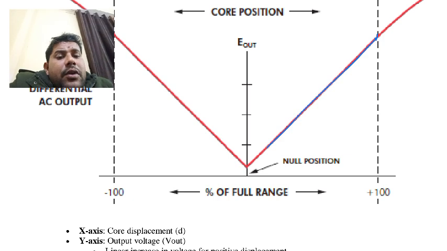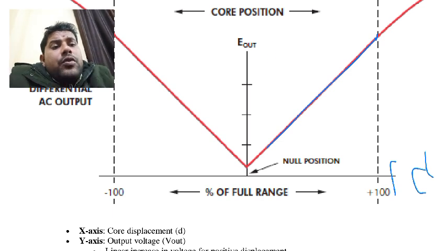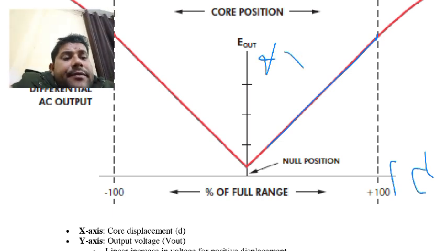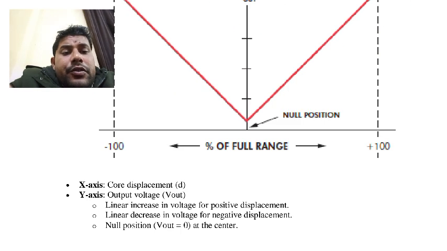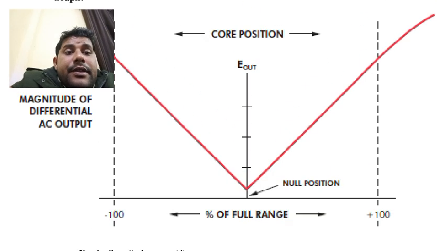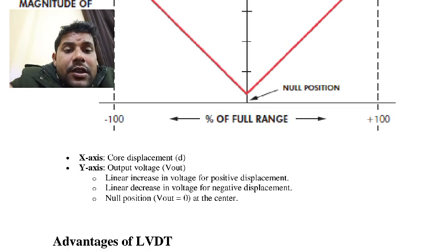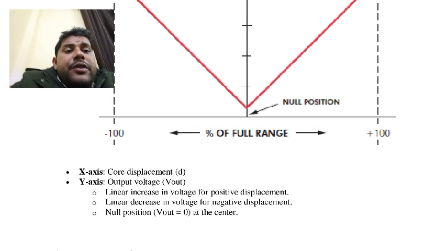After this position it starts to become non-linear. The x-axis is the core displacement and the y-axis is the output. The output increases linearly for positive input displacement and decreases linearly for negative input displacement. At the null position the output must be 0.